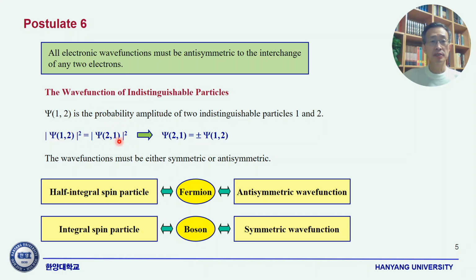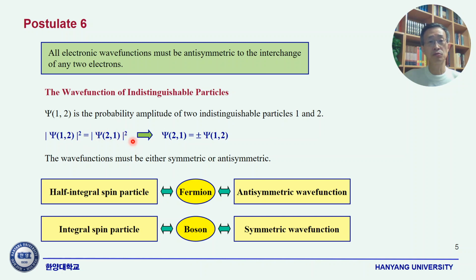This condition is that psi 12 absolute value squared is the probability distribution of the wave function, and for psi 21, where the electrons are interchanged, the absolute value squared must be the same.